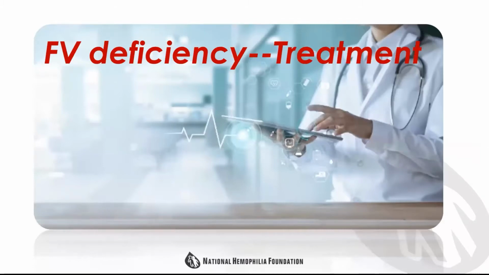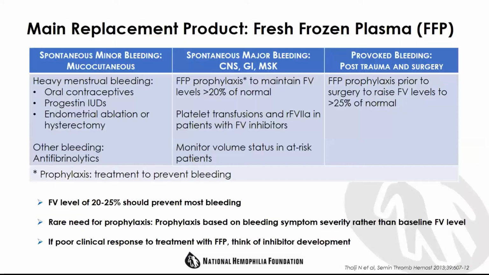So moving on to the treatment of factor V deficiency, we do not have a specific product to replace factor V like other bleeding disorders, for instance, factor VIII deficiency or factor IX deficiency, also known as hemophilia. So in factor V deficiency, our main replacement product is fresh frozen plasma, or FFP. If there is minor bleeding, as is shown here in this particular column, you could basically get away by using antifibrinolytic agents.